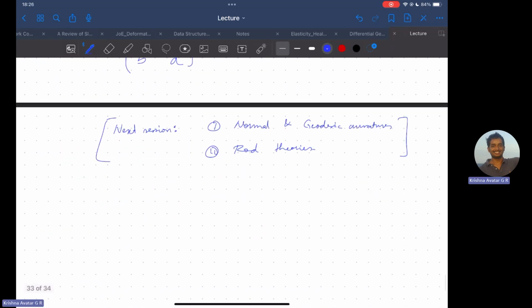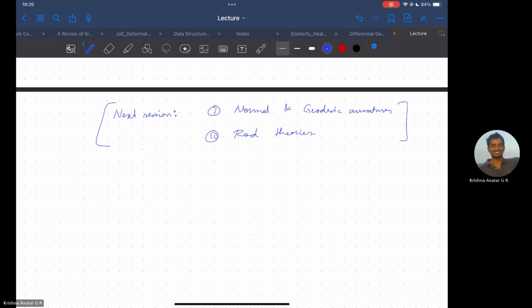And today we plan to go further and talk about normal and geodesic curvatures and discuss further on the red theories. Or maybe we'll start red theories. So I will start, in fact, taking some inspiration from Team Healy and Professor Ajit Kumar's notes. Right.